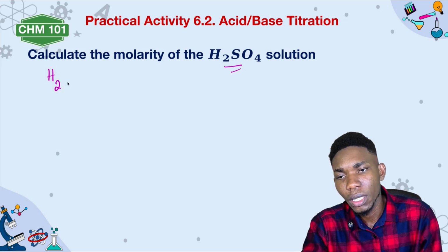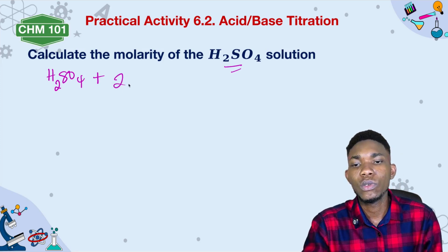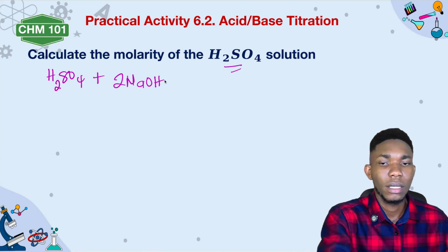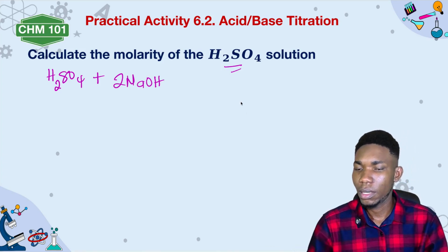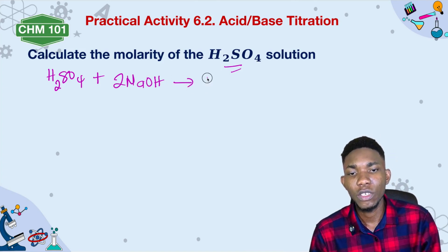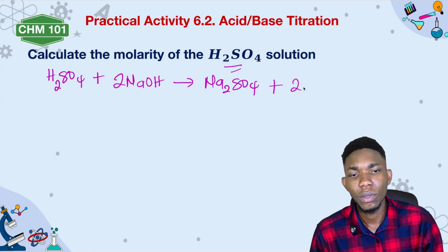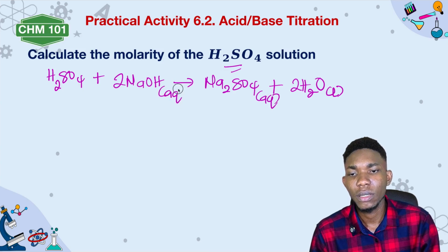The balanced equation is H2SO4, my dear student, plus 2 molecules of sodium hydroxide, this will give us sodium sulfate plus 2 molecules of water. This is liquid, this is aqueous, this is aqueous, this is aqueous.